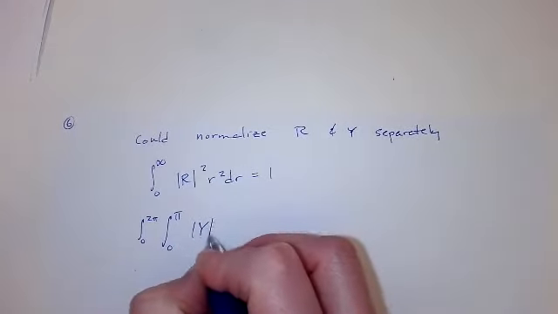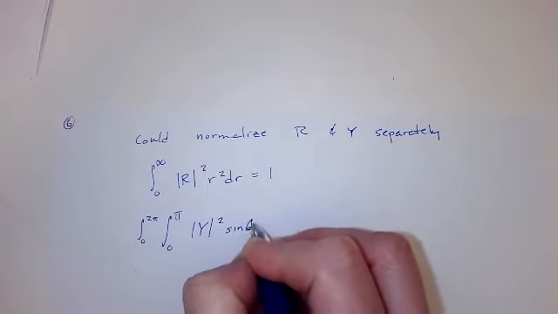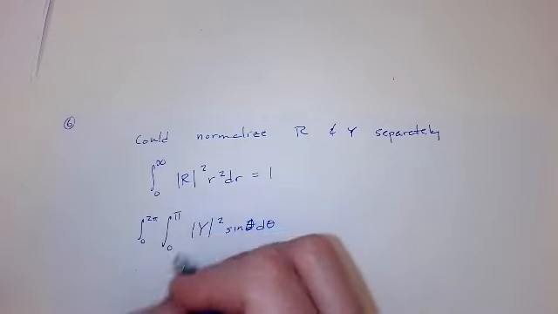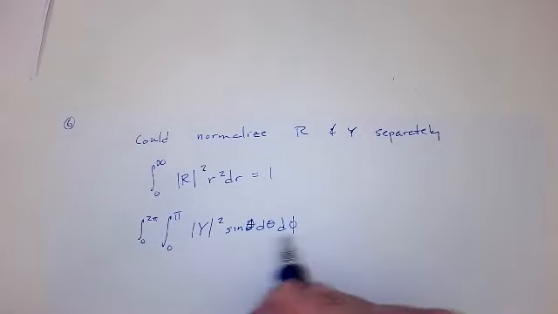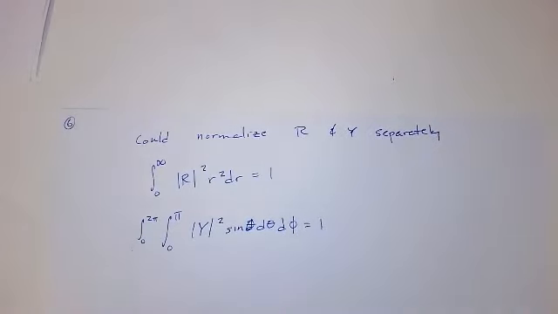So that order that I've put those in, whoops, I forgot my theta. The interior one is d theta, so that's this one. And the exterior one is d phi, so that goes with this limit of integration. And normalizing that, that should equal 1.